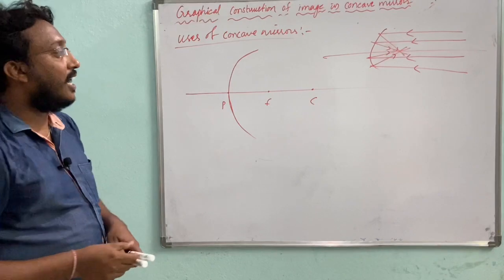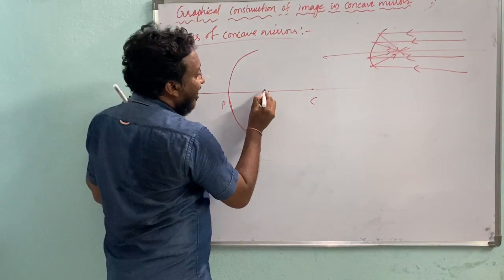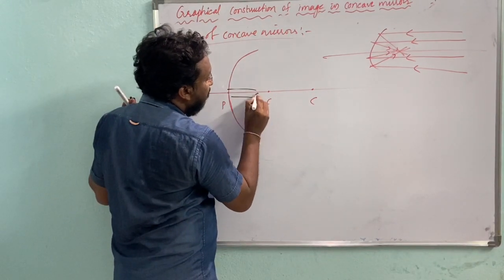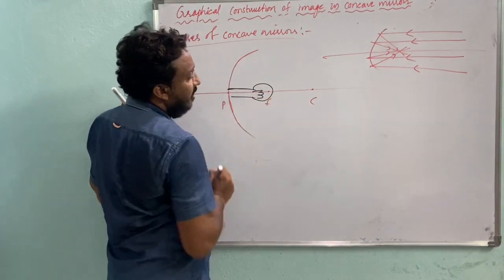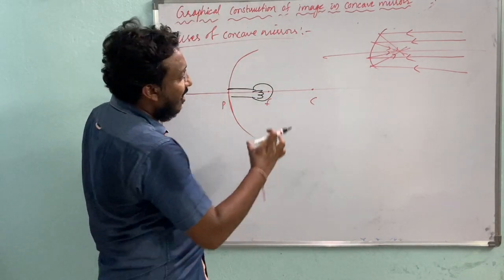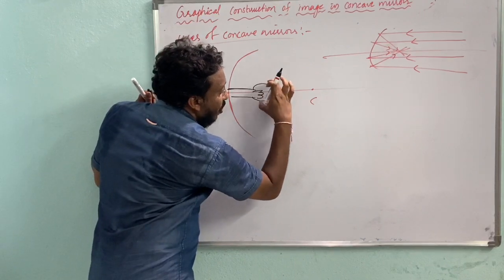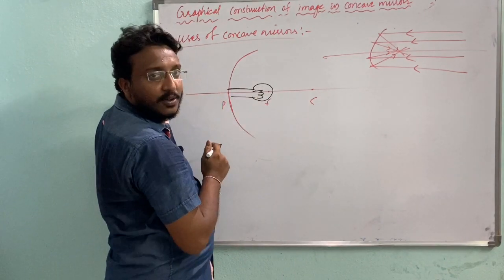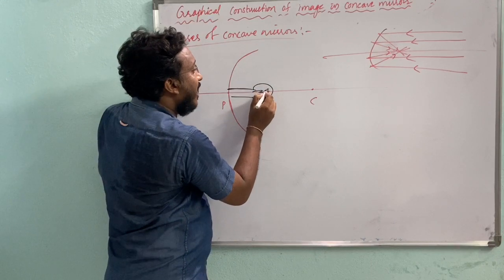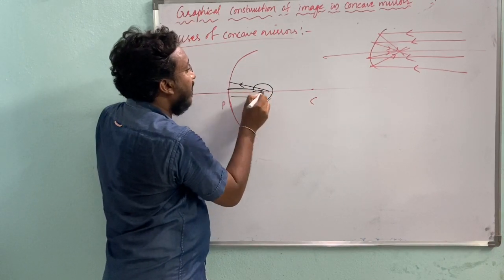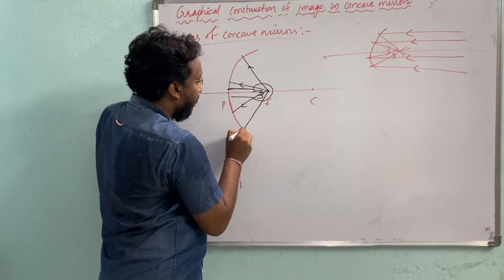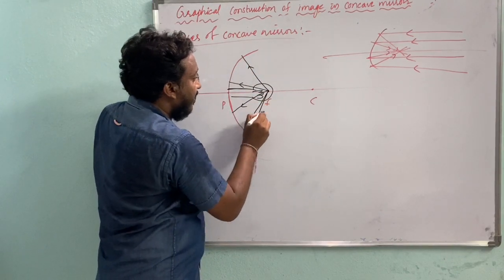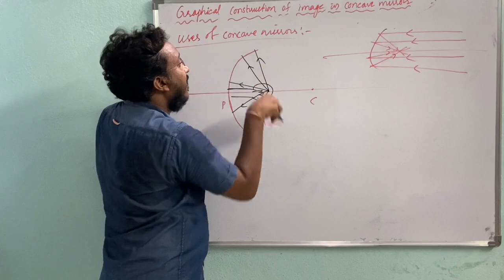If I keep a source, a bulb, at the focus, then the rays are emitted from the focus, right?